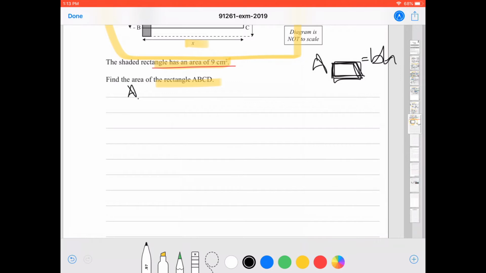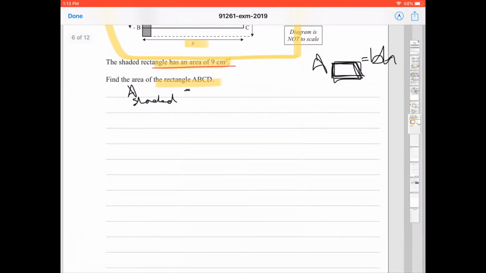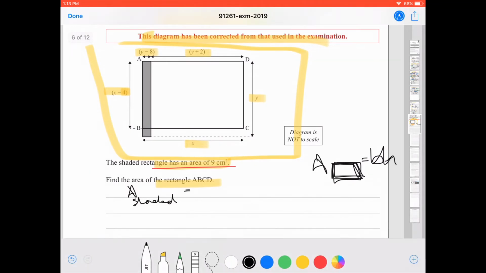Area of the shaded rectangle, that's going to be base times height. This is our shaded rectangle in here. It's going to have y as its height, and its base is y minus 8, okay?